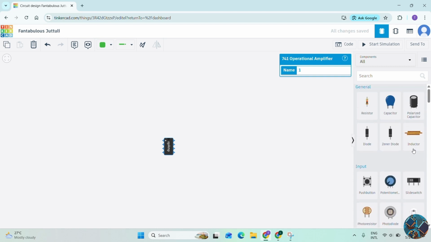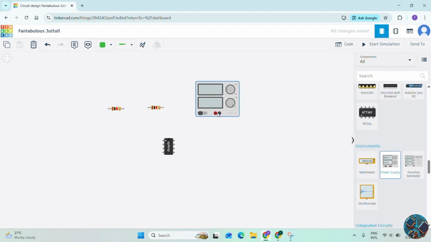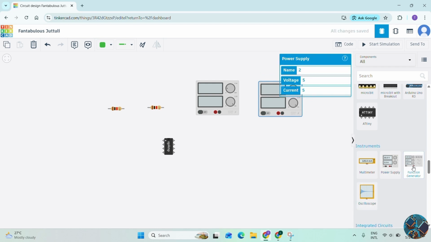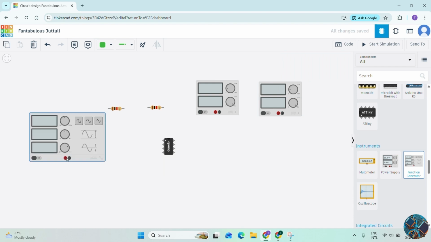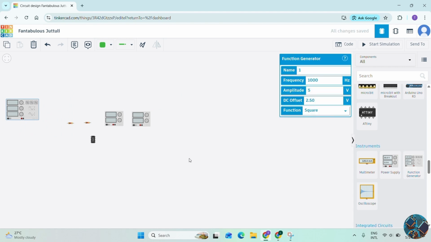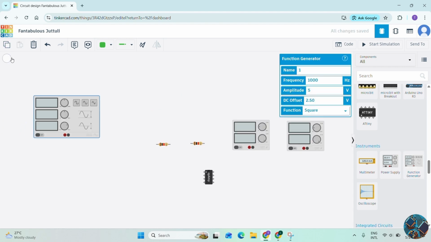And two resistors, one function generator, and an oscilloscope, two oscilloscopes.